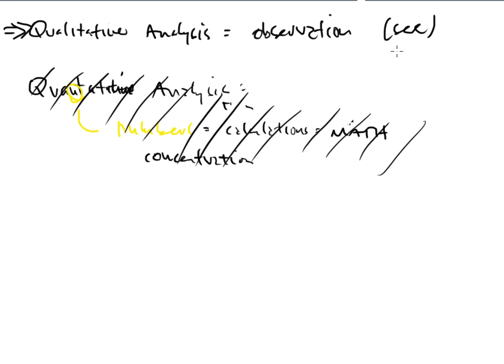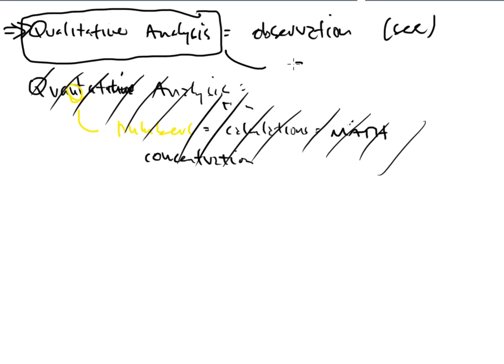That is what qualitative analysis is all about. What can I see? What can I report as far as the way things feel, maybe smell, and what they look like? So we're doing qualitative analysis on group 3 cations.